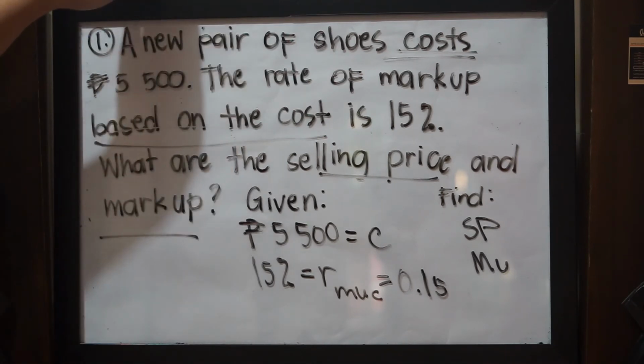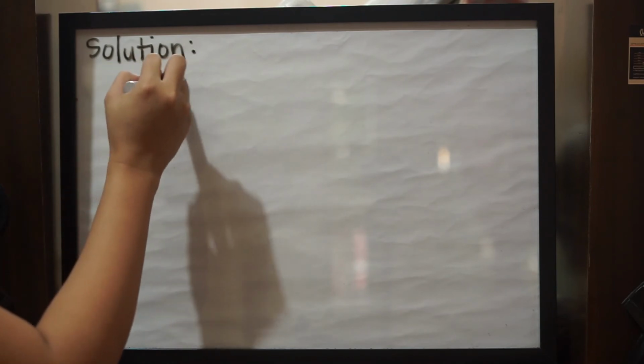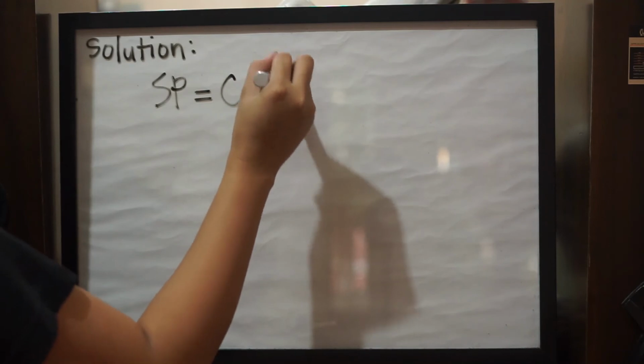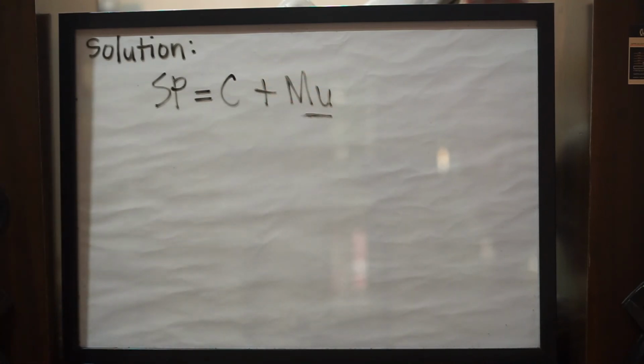So, next, let's now have the solution for this one. We cannot directly solve for the selling price kasi the formula for selling price is cost plus markup, and we don't have a value for the markup. So, we have to identify the value for markup first before we can proceed with the value for the selling price.